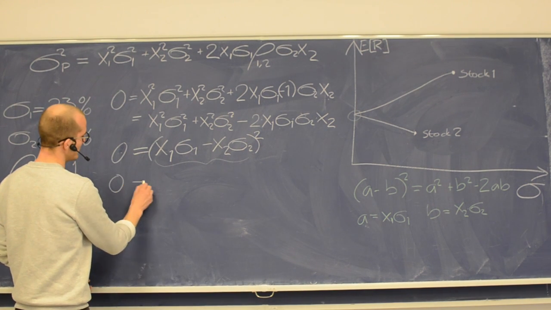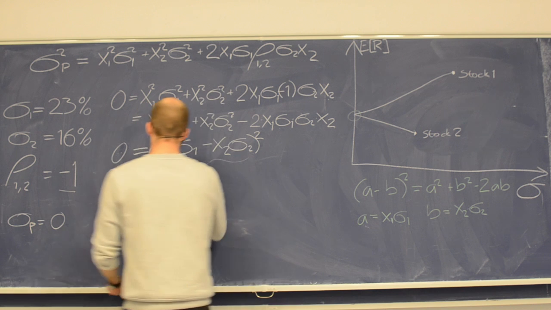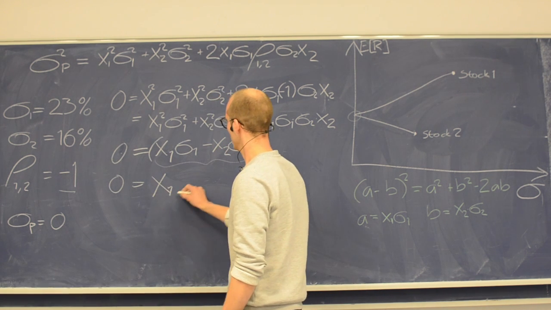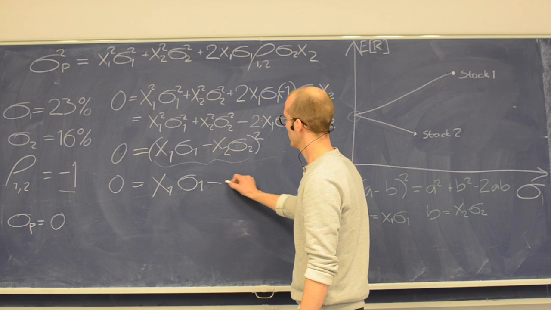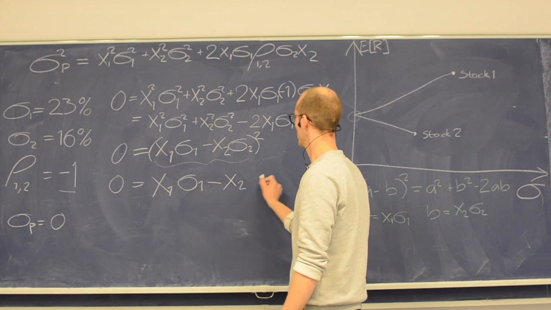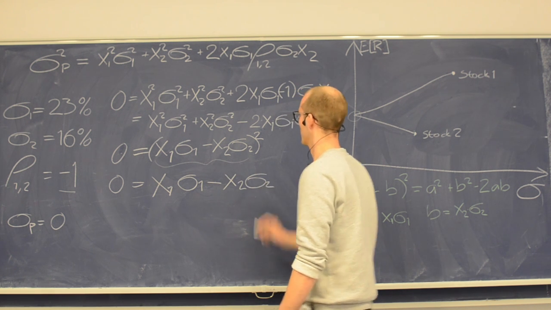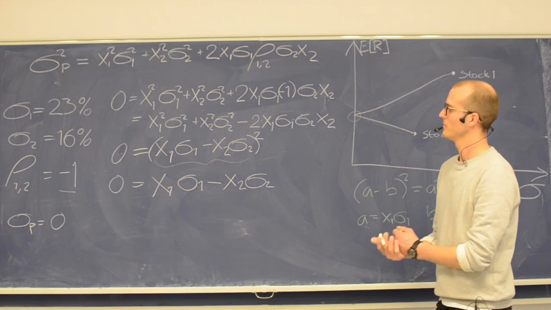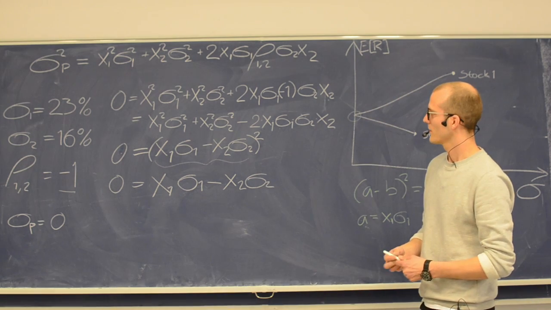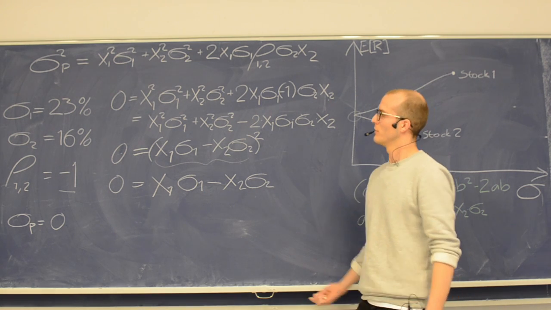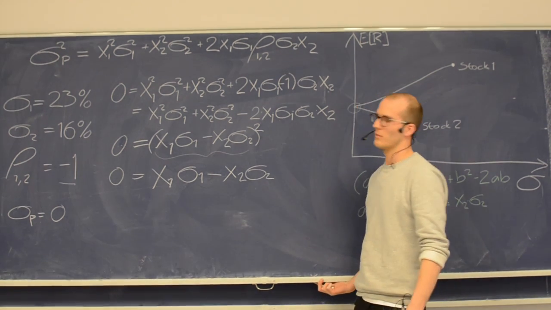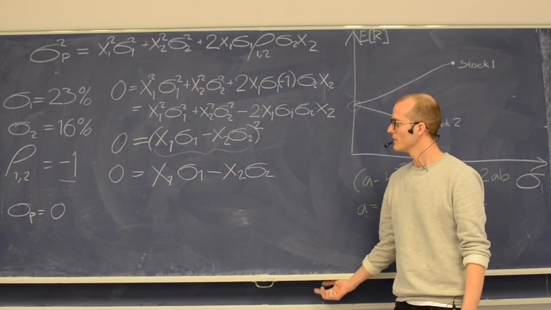So then 0 is equal to x1 times the standard deviation of 1 minus x2 times the standard deviation of 2. If we want, we can simplify it a bit so we only have one unknown term.